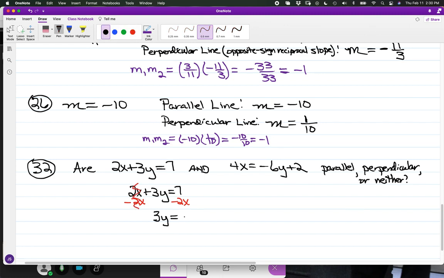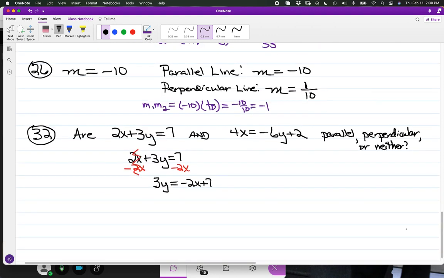We now have that 3y is equal to -2x plus 7, and with division by 3, we have that y is equal to -2/3 of x plus 7/3.